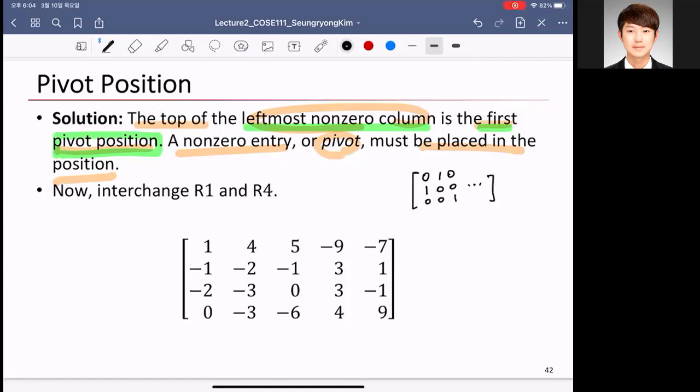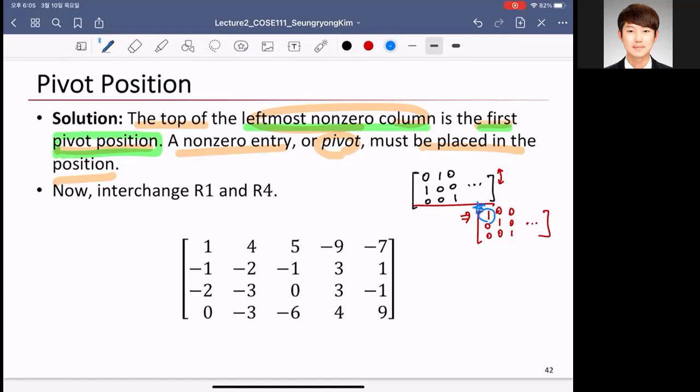In this case, it's not a REF form, right? So to be the REF form, we have to replace these two terms. Then it's going to be 0, 1, 1, 1, 0, 0, 0, 1, 0, 0, 0, 1, blah blah blah. So in other words, the first pivot position always must be placed in this position.